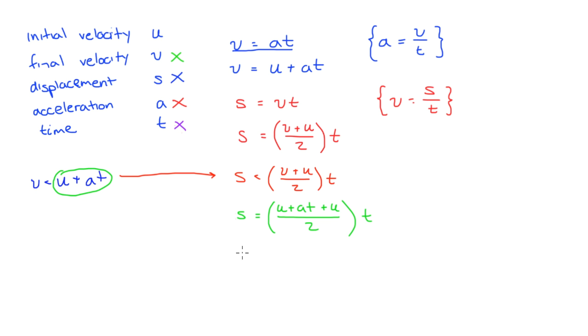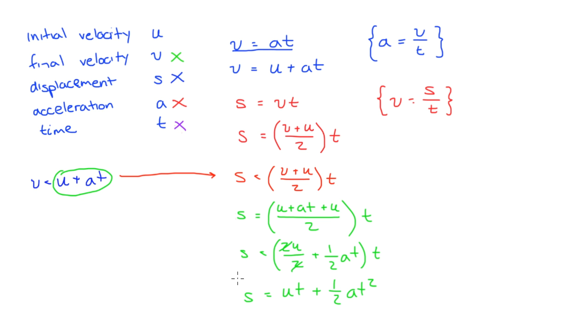So we see there's 2 u's there, so S is equal to 2u over 2 plus 1/2 at, all multiplied by t. And so then you just multiply t by both terms, and we can also cancel out these 2's, and you get S is equal to ut plus 1 over 2 at squared.